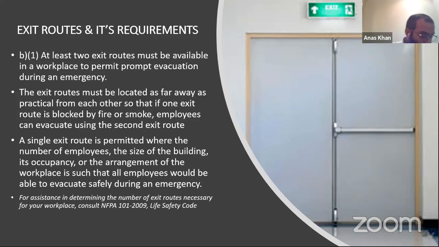But the good thing which we have observed in NFPA and OSHA is that they don't overlap each other. We have seen that when you have the same requirements from different standards, sometimes they overlap. But OSHA, whenever there are requirements for fire and life safety, will say follow NFPA codes.